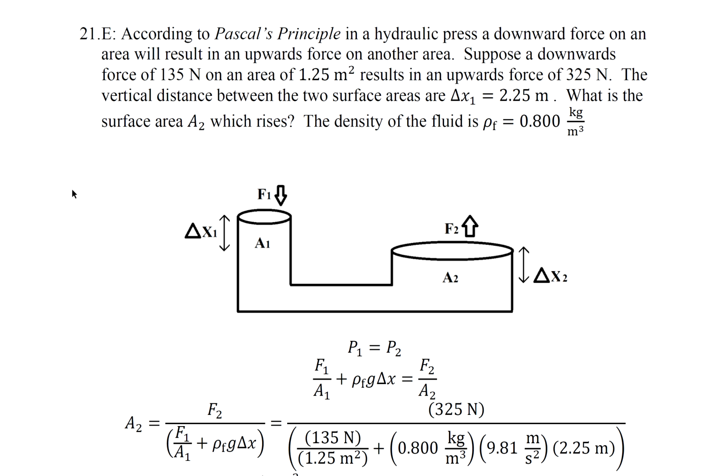Question 21. According to Pascal's principle in a hydraulic press, a downward force on an area will result in an upward force on another area. Suppose a downward force of 135 newtons on an area of 1.25 meters squared results in an upward force of 325 newtons. The vertical distance between the two surface areas is 2.25 meters.